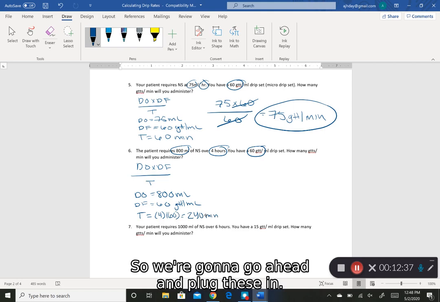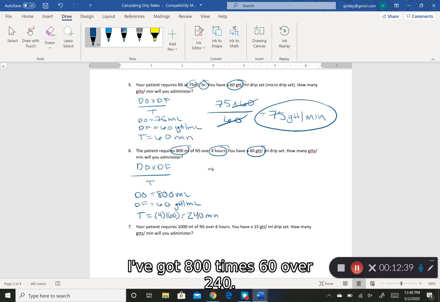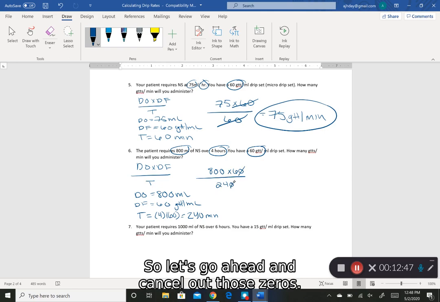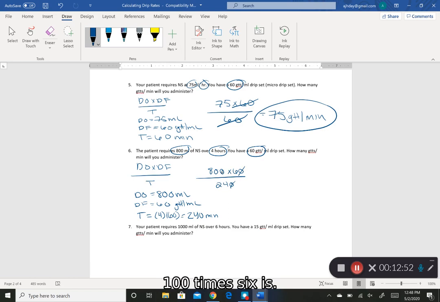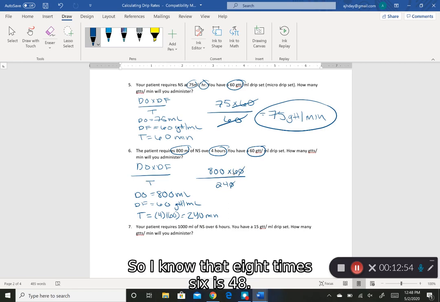So we're going to go ahead and plug these in. I've got 800 times 60 over 240. So let's go ahead and cancel out those zeros. I'm going to figure out what 800 times 6 is. So I know that 8 times 6 is 48, and I'm going to add 2 zeros on the end of that.